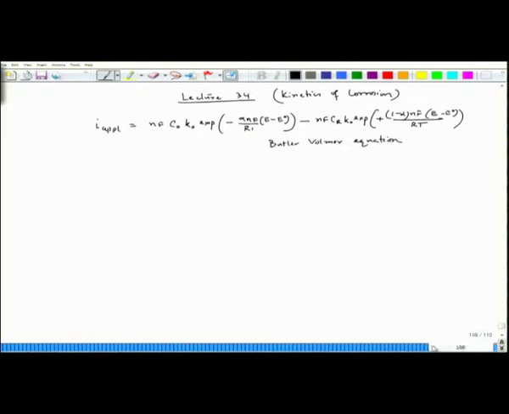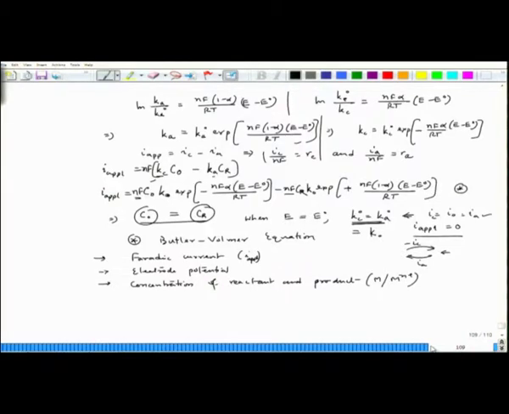And if we see the previous analysis, we see this is my I applied, and then I am replacing this Kc and Ka with these two formulas, and later we have understood why Kc0 equals Ka0, and that one we are considering k0, we are replacing that, and hence we are getting this Butler-Volmer equation.